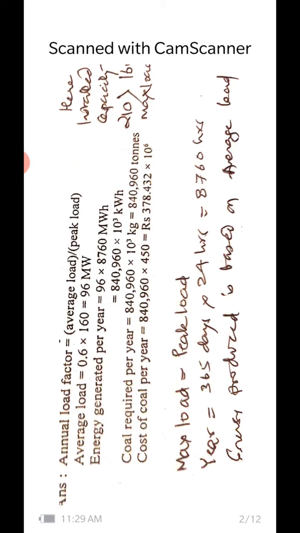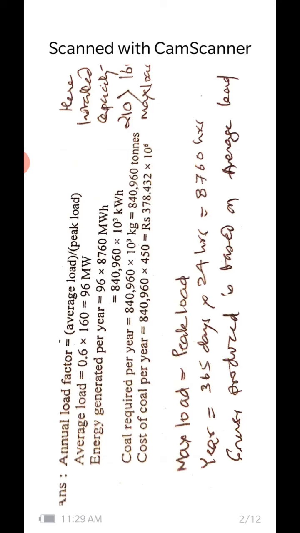So the average load is equal to annual load factor, that is 0.6, into the peak load, that is 160 megawatt. So the average load is 96 megawatt, means this plant is working at 96 megawatt continuously every hour for 24 hours into 365 days.